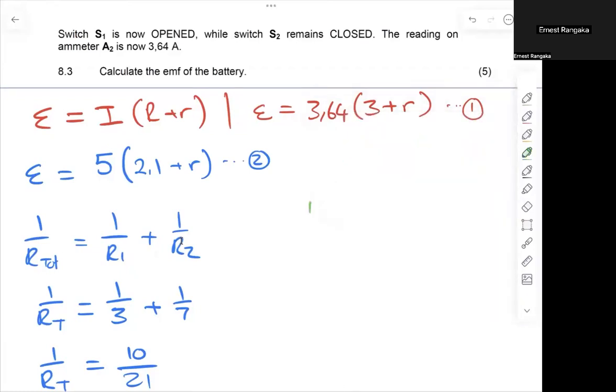So in this case, we have E there and E there. So I know that 3.64 into (3 + r) must equal, for what we had in equation 2, 5 into (2.1 + r).